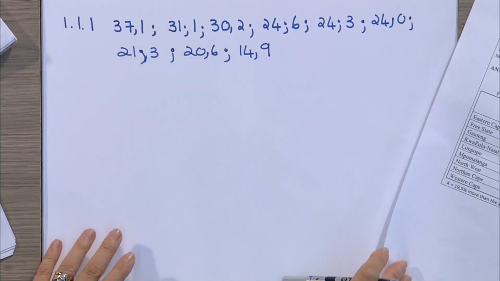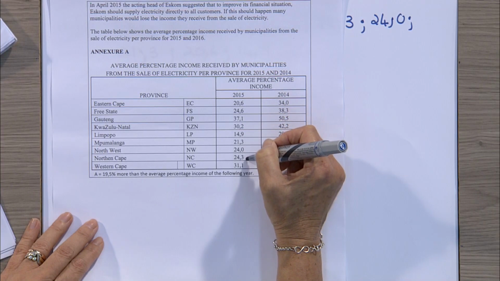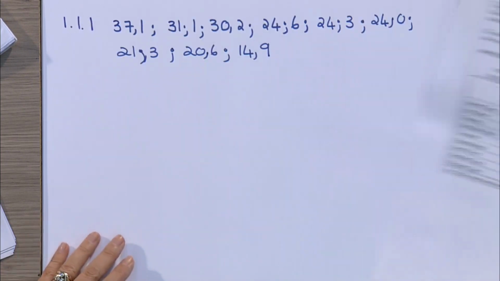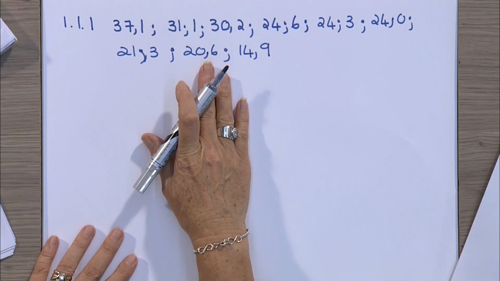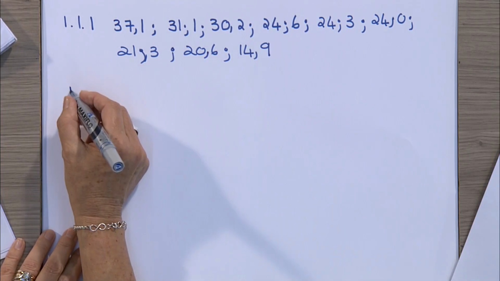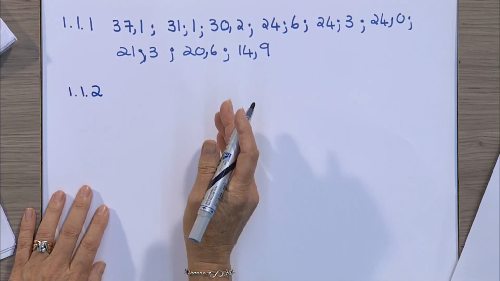So you need to go, grade 12s, and make sure that you didn't miss a number. So let's count. 1, 2, 3, 4, 5, 6, 7, 8, 9. 9 numbers in the table, and we have 9 numbers on our paper. All right, so that's the way in which you're going to check to see if you didn't leave out a number.